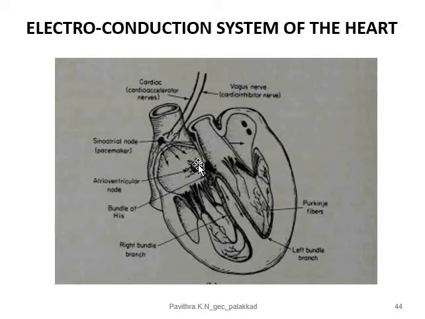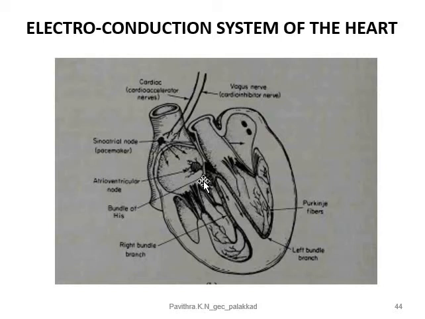Now, the impulse, after reaching the atrioventricular node, moves on to a bundle of nervous tissue which extends from the AV node to both sides of the heart, the left side and right side. This bundle of nervous tissue is known as the bundle of His. From the bundle of His, the impulse is passed over to several branches which extend to the ventricular muscles, both the right and left ventricular muscles or myocardium of the heart.